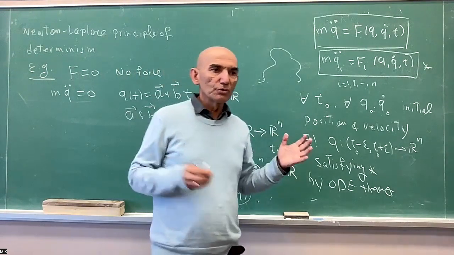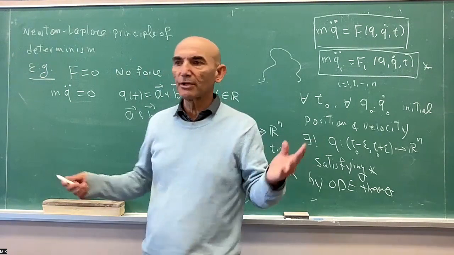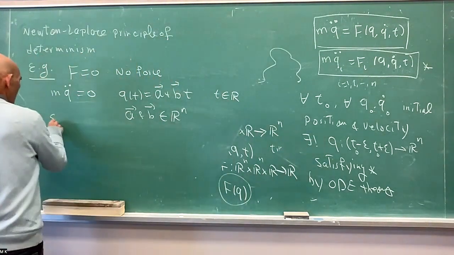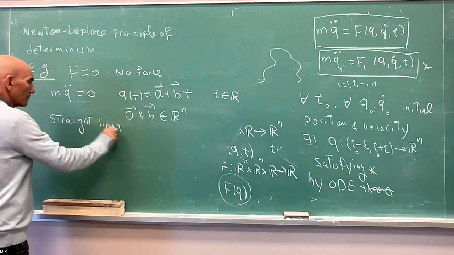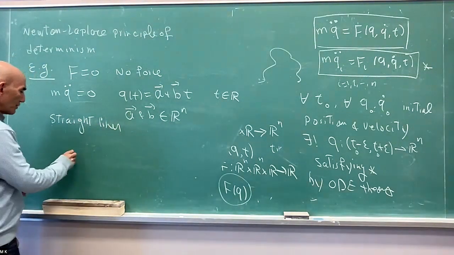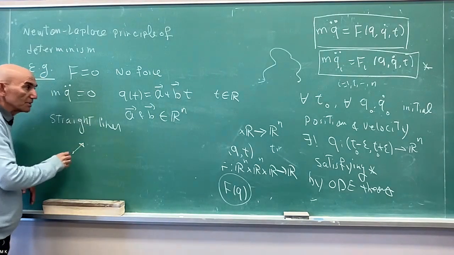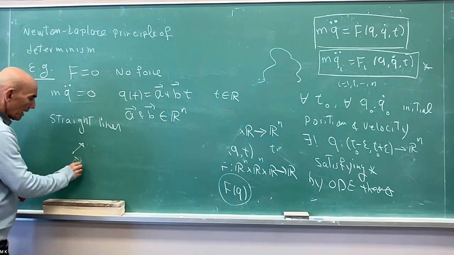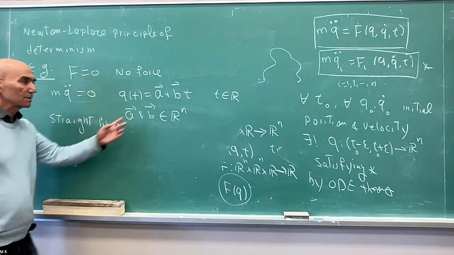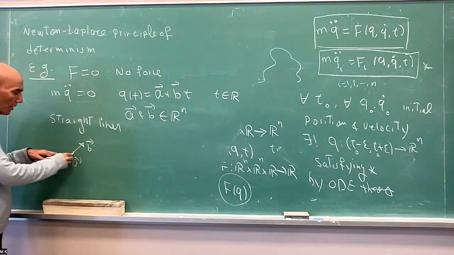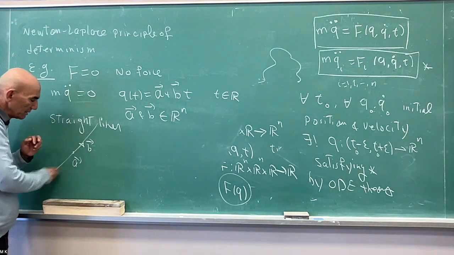So the set of all solutions are all lines that you can imagine drawn in R^n. Just a straight line, right? Solutions are straight lines. Of course, if you specify an initial point and initial velocity, so this point is going to be a, and this vector is going to be b, then there exists a unique straight line that passes through this point and has this velocity, and this is the solution.